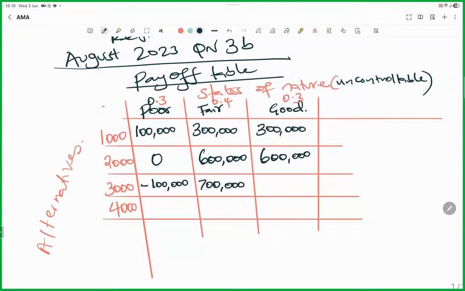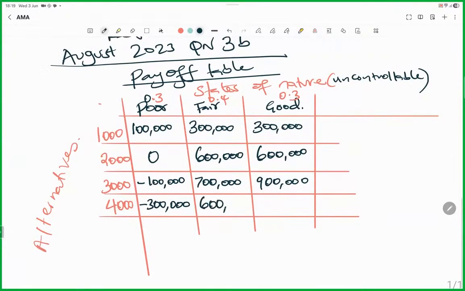Then lastly, we have 900,000 for this action line, minus 300,000, 600,000, 1.2 million. So the profits are given there.